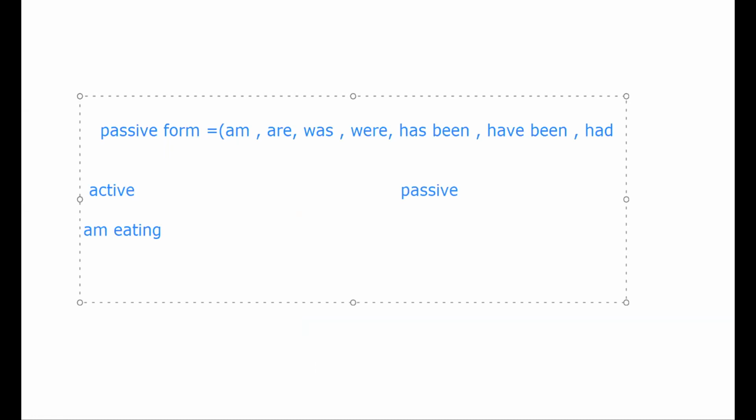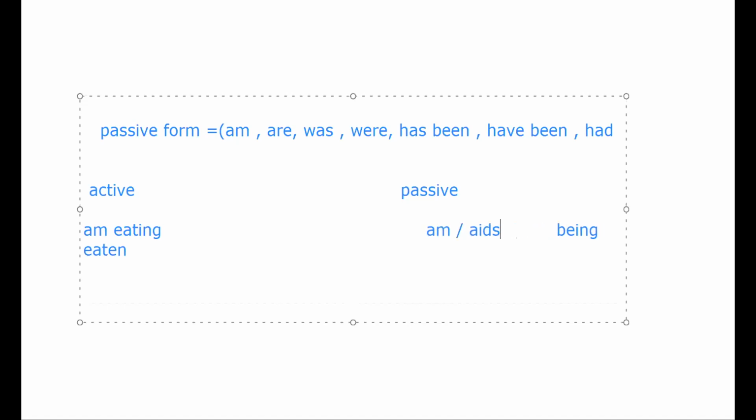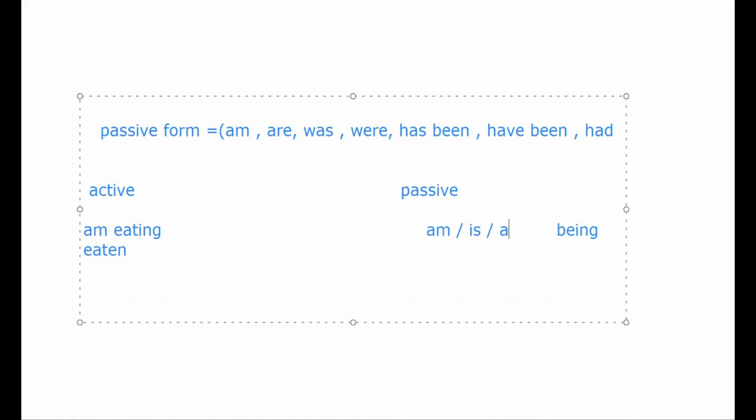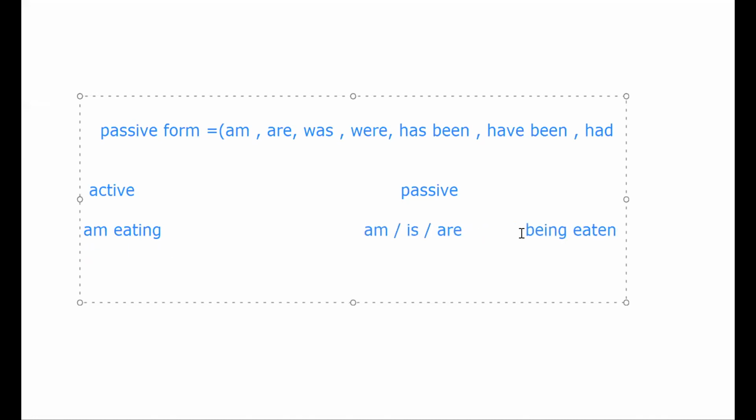So see what I'm doing. Coming from last, eaten. Whenever I have the ing form in active, that ing form I turn into this one. And this is present, so present means again am, is, are.